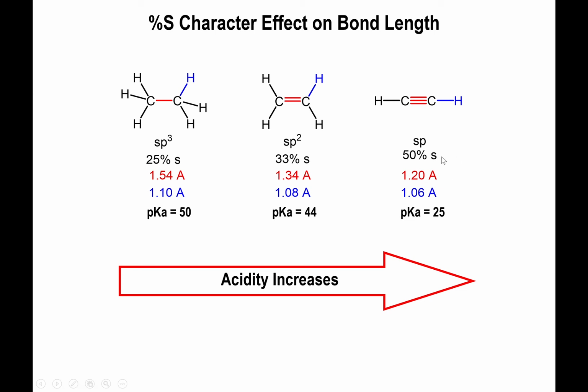And so here you can see, just by looking at the hybridization of the carbon to which the hydrogen is bound, the more S content that carbon has, the more acidic the CH bond is going to be.